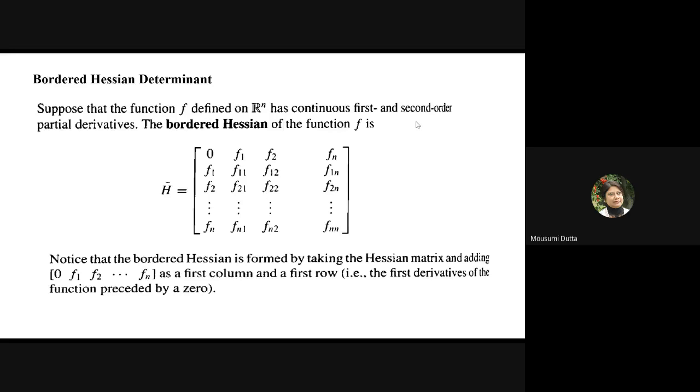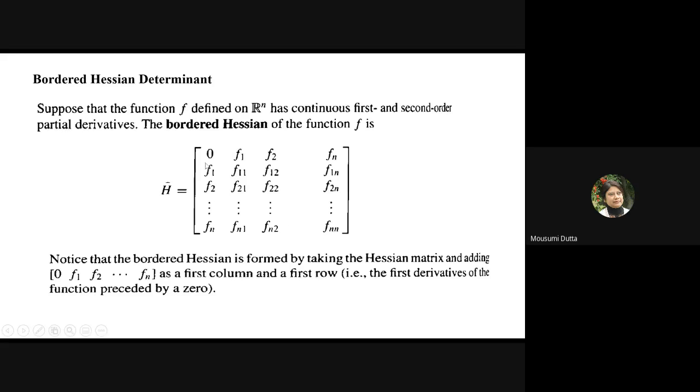Now, in case of the bordered Hessian determinant, I'm considering the same matrix which I used in the context of the Hessian determinant: f11, f12 up to f1n, f21, f22 up to f2n, fn1, fn2 up to fnn.